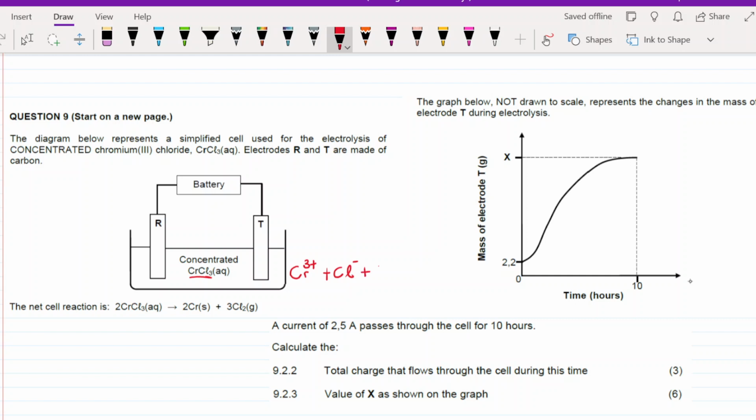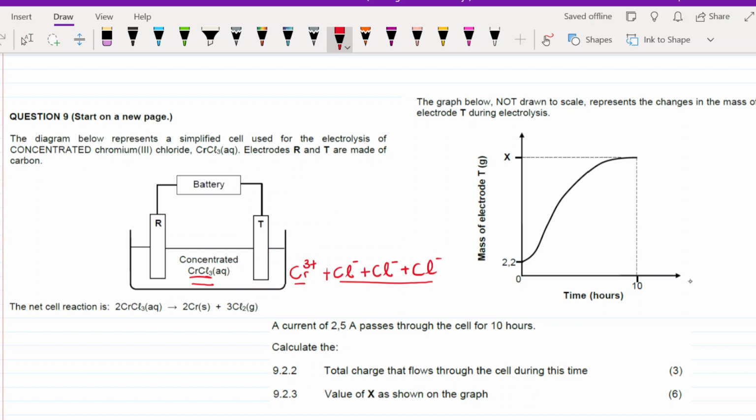It wants to give 1 electron to each chlorine. So you need 3 chlorines to react with this 1 chromium. That's why the chemical formula is CrCl3. Meaning there was 1 chromium with the oxidation number of 3+, so it wants to give 1 electron to each of the 3 chlorines.